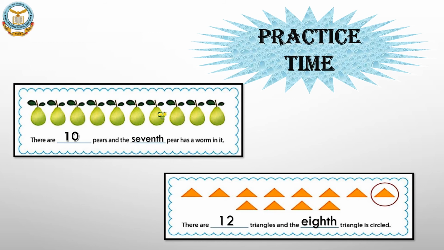It is asking about the position of the circled triangle, which is 8th, that represents the ordinal number. So my dear students, I hope with these examples, the ordinal and cardinal numbers concept is clear to you.